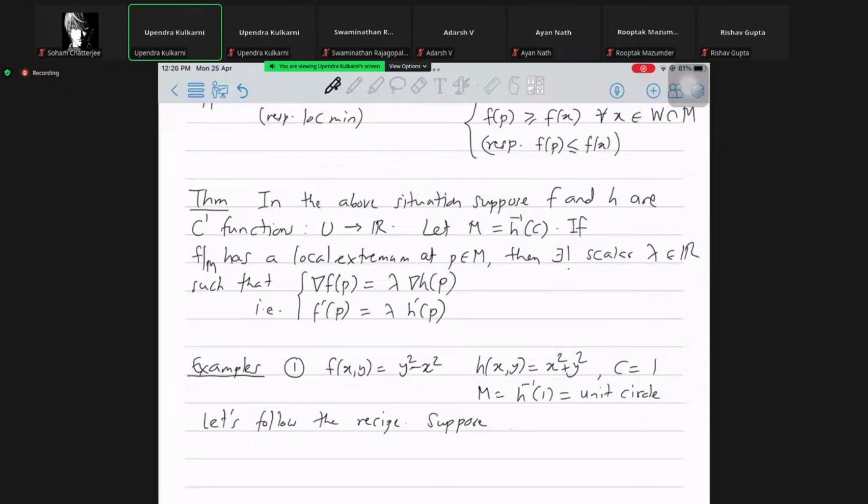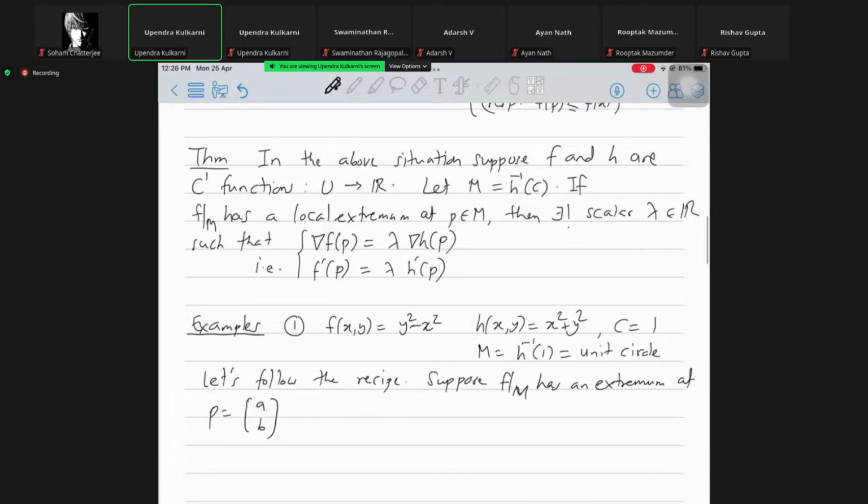Suppose F restricted to M has an extremum at P equal to (a, b). Then let's just calculate. What is the gradient of F at P?